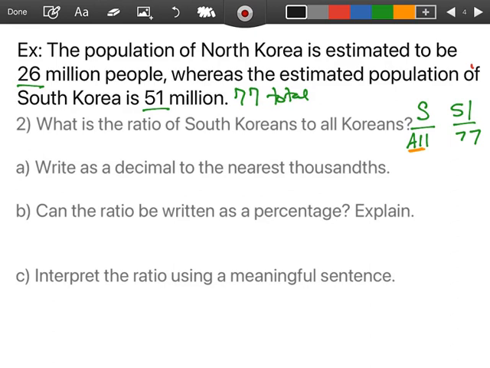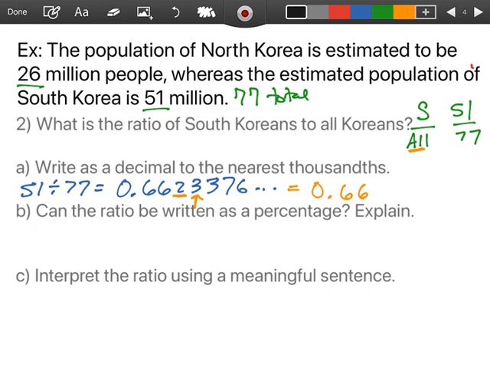So now let's write this as a decimal. I would take 51 divided by 77. And again, ugly decimal ensues. But I can say to the nearest thousandth, I look at the 3. The 3 tells me to round down. 0.662. Can I write this as a percentage?